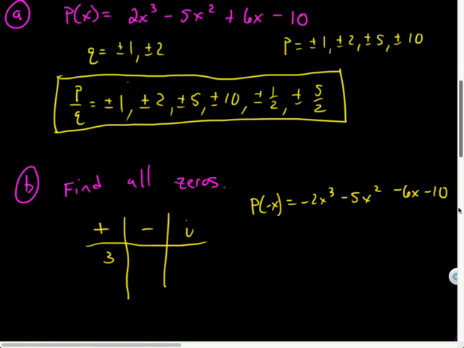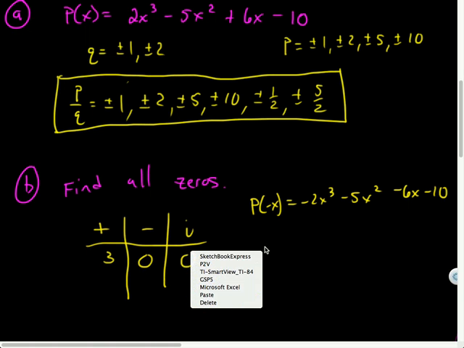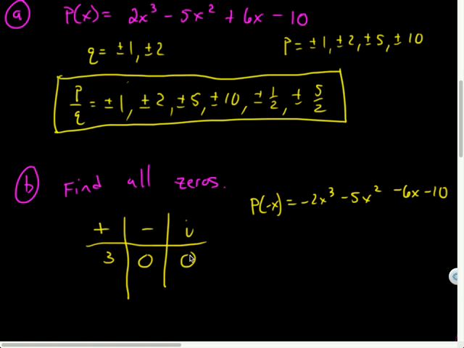So how many sign changes are here? 0. How many total zeros am I expecting? 3. So it could be 3, 0, 0, right? What's the other possibility? 1, 0, 2.